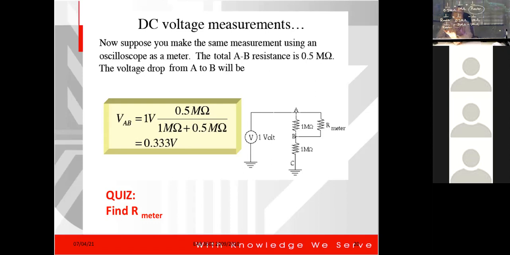So R meter is equal to 1 over 1 micro ohm, which is 1 mega ohm. So who answered earlier in the chat box?